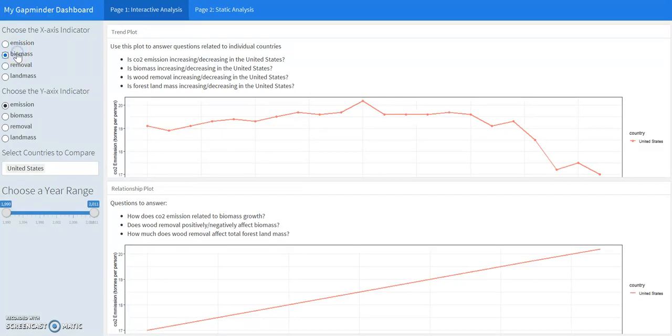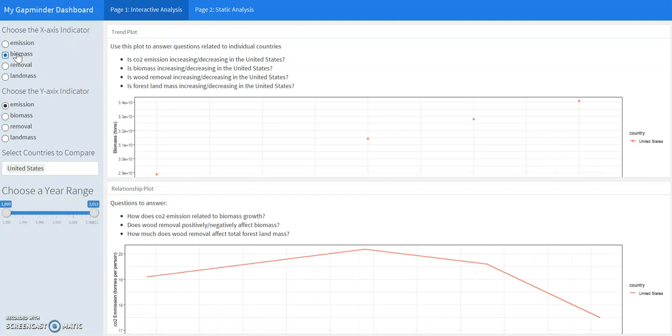Now, the second plot here, we actually compare a couple different things. We compare how biomass is affected by CO2 and forest wood removal. Then we also compare wood removal to forest land mass to allow ourselves to see a trend there. So the first two, we see emissions compared to biomass, with biomass being your x-axis. As the biomass increases, we see a jump in emissions.